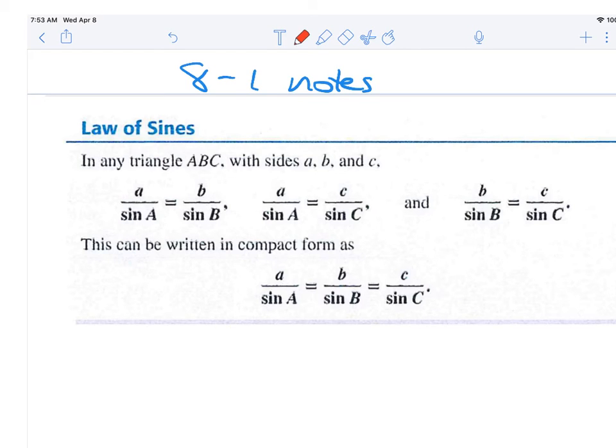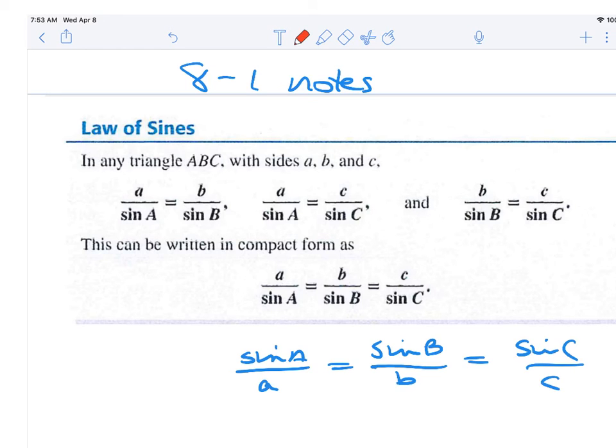Remember when you're doing law of sines, the way that I did my work, I flip-flopped all these. So my work would have had something like this. But I know when I taught this year, I did it this way. So these are the same thing. Now, remember when you're doing law of sines, you're only working with 2 of them at a time.